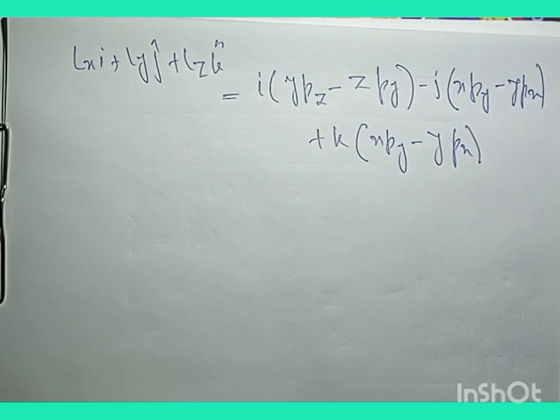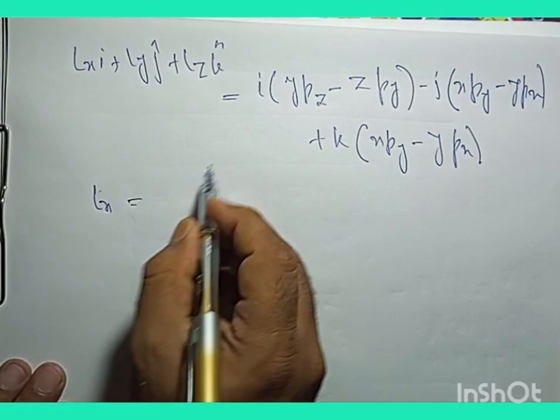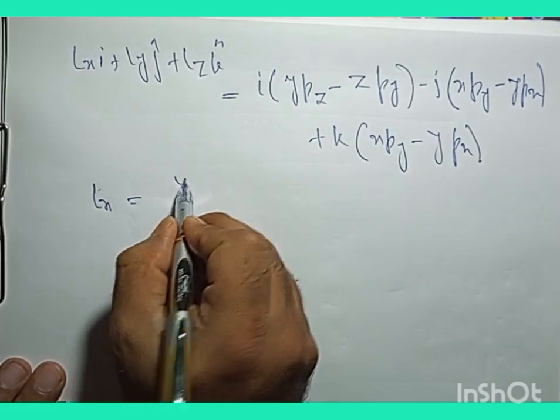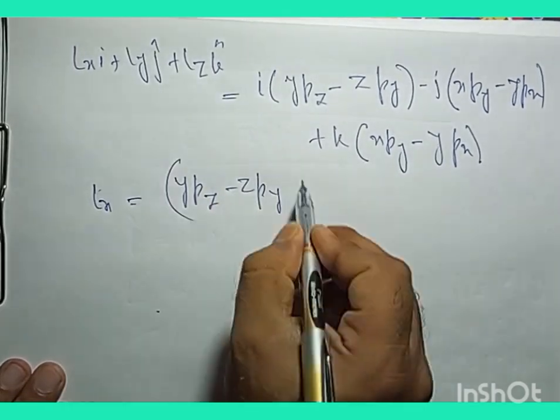So this equation can be true only if the coefficients of i, j, and k are equal. So here we can write Lx is y pz minus z py.